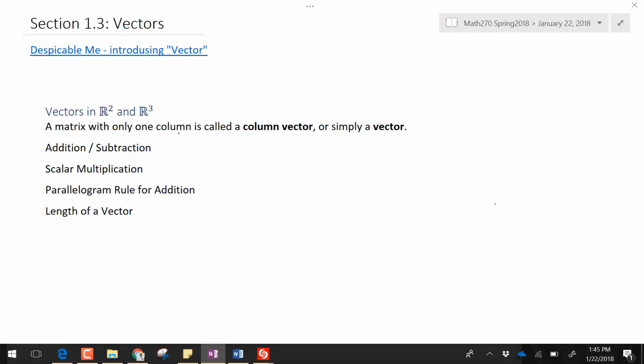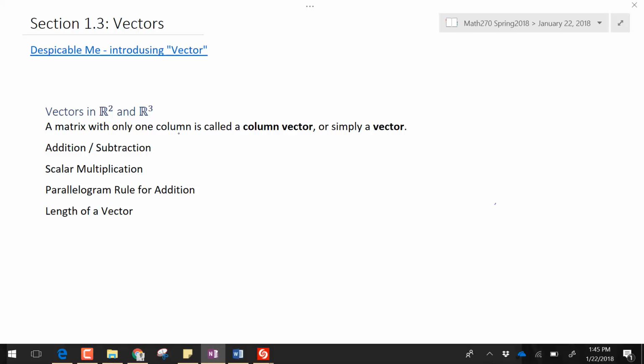Now understand that when you're dealing with physics or with Calc 3, the idea of vectors goes beyond matrices, and you can denote a lot of other things with vectors. But for now, we're going to look at them as matrices, and we're still going to look at them as points in space or arrows with magnitude and direction, and we can take a look at that in 2 and 3 dimensions.